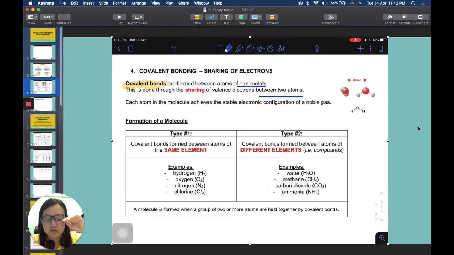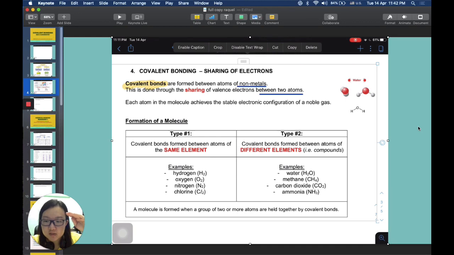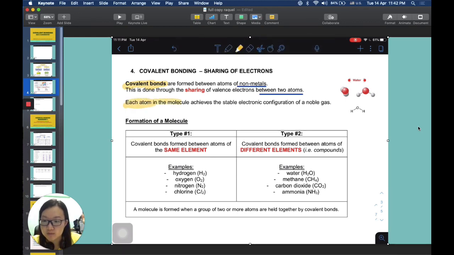As a gentle reminder, in chemical reactions we are just talking about electrons on the outermost shell, because those that are inside are not really affected. Each atom in the molecule achieves the stable electronic configuration of a noble gas, meaning duplet or octet.